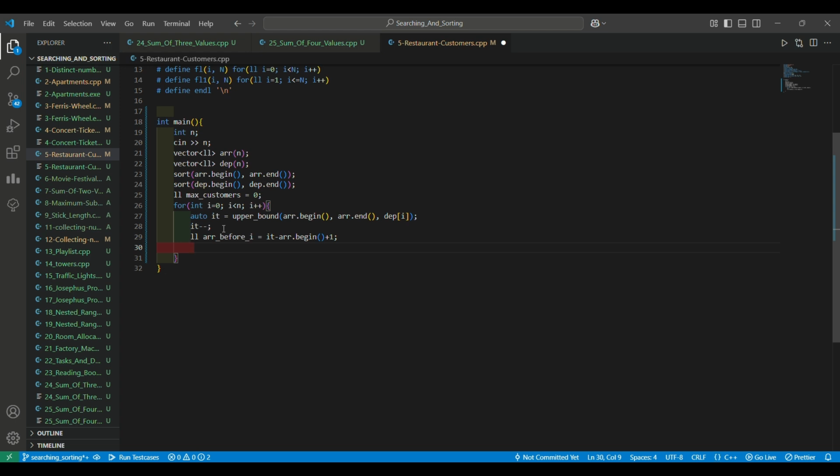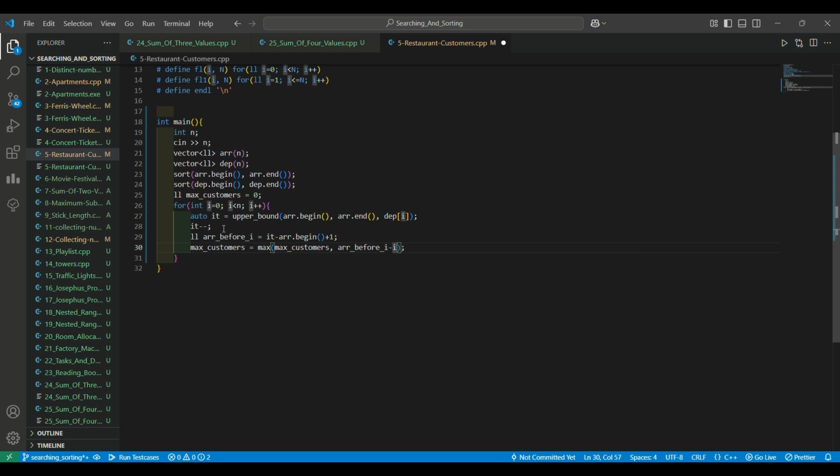So finally we will get our answer. We will update max customers to the maximum of either the current value of max customers or the customers who arrived before I minus I.